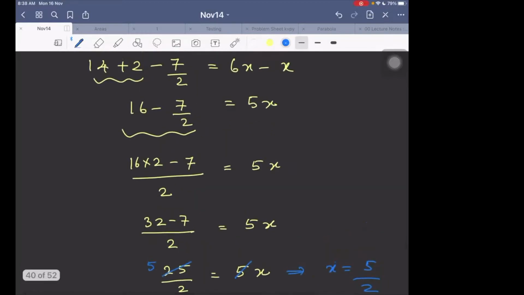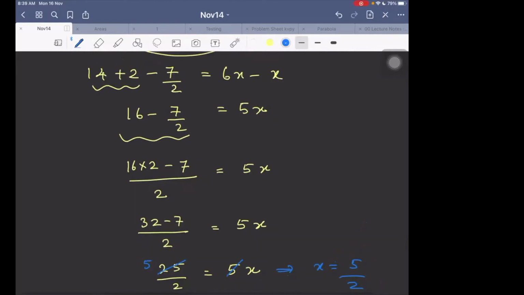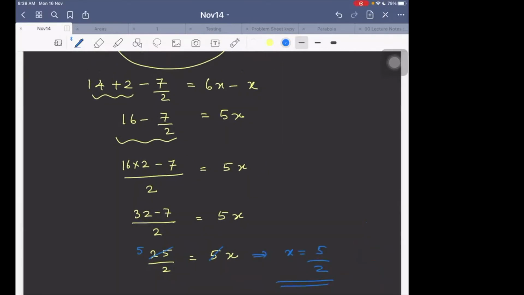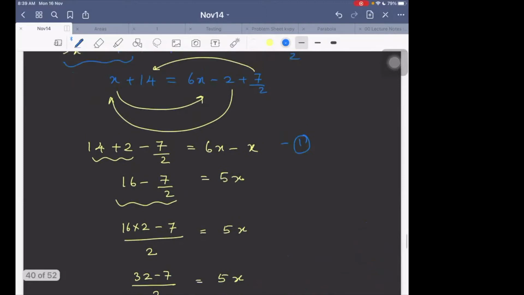Tell me if this is all right. If you're stuck at some step, do let me know. The first step involves bringing everything to one side.